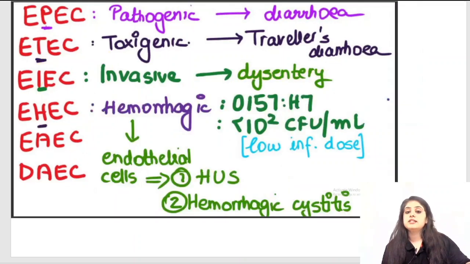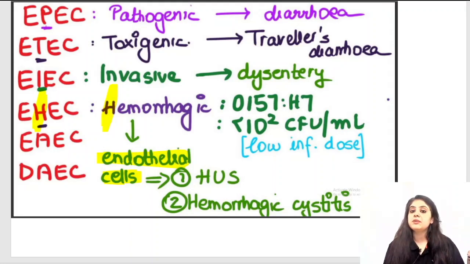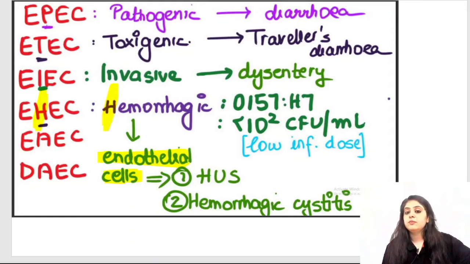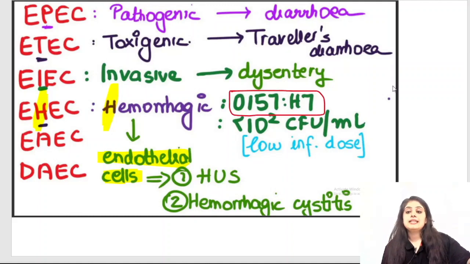Coming to the next, enterohemorrhagic E. coli, EHEC, something that is going to be associated with all hemorrhagic kinds of things. Hemorrhagic means bleeding, blood vessels. So which cells is it going to attack? What is the lining of a blood vessel? The lining of a blood vessel is referred to as endothelial cells. So it's going to attack the endothelial cells, and for this, I want all of you to learn one strain which they will ask you a lot, and that is O157:H7.